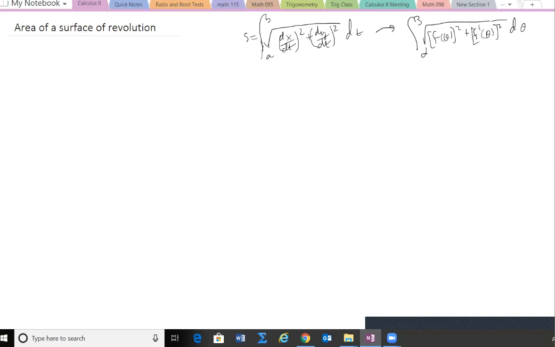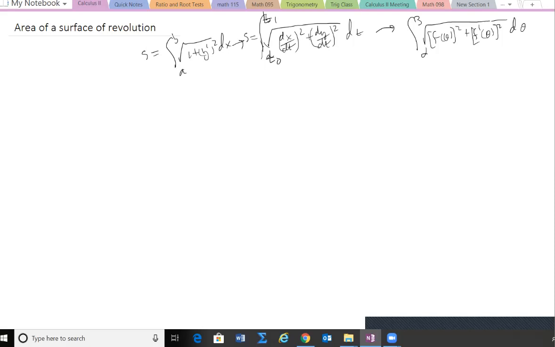Now, remember this thing came from this. I should say this is T0 to T1. This is A to B. This started off as the square root of 1 plus y prime squared dx. And that, in parametric form, became this, and in polar form became this.